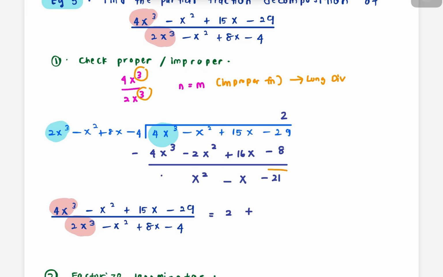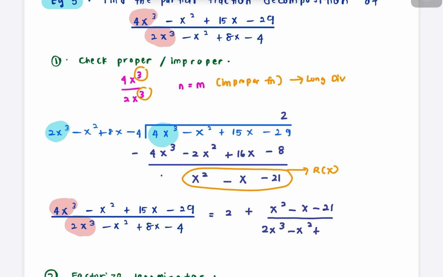This is your remainder, the answer for your R(x). So you have x squared minus x minus 21 over your divisor just now, 2x cubed minus x squared plus 8x minus 4.